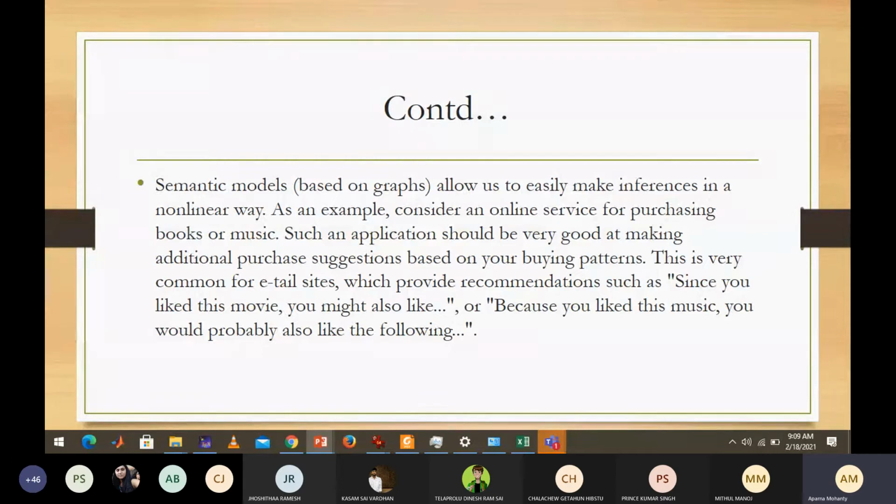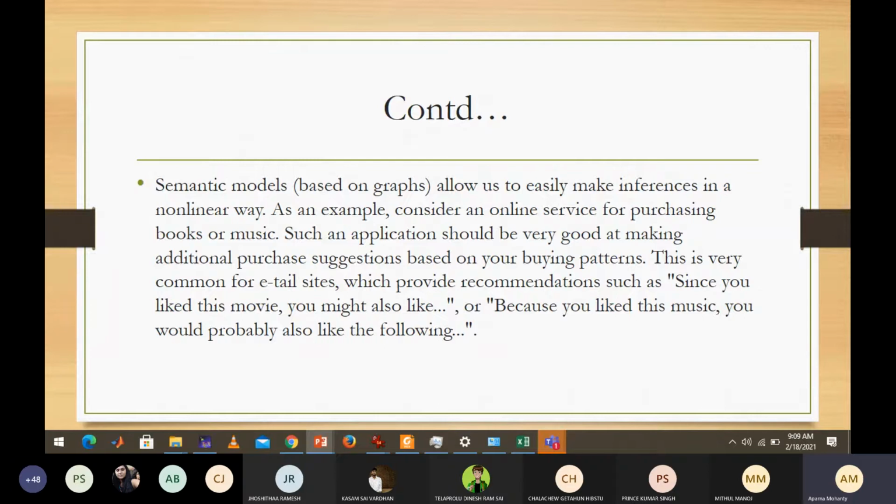Similarly on Netflix or Amazon Prime, if you watch a particular series, depending on your choice they'll give you movies or web series of that genre. That's what happens in this kind of modeling.